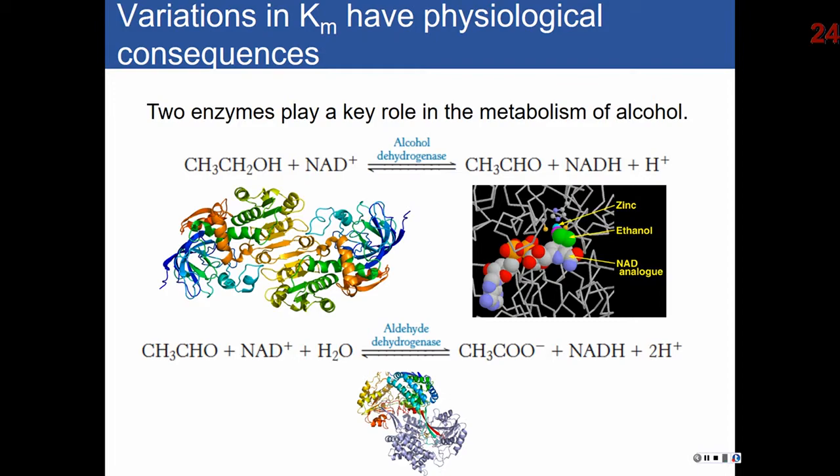So that is how you derive the Michaelis-Menten equation. It's incredibly important for understanding how enzymes work and the rates at which they work, and what's going to happen if we change the amount of substrate we put in versus what's going to happen if we change the amount of enzyme we put in. That equation and all of those sub-equations that we talked about can help you figure that out.